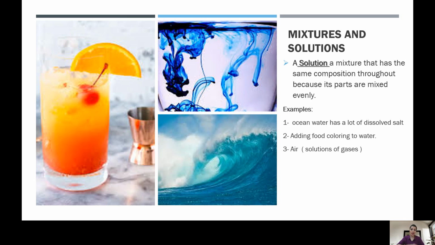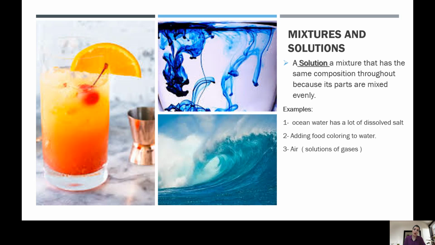For example, when you mix two spoons of sugar into your tea, the sugar will dissolve in the tea, so this will form a solution. A solution has the same composition everywhere. So if I taste my tea, it will all taste sweet, because there is sugar in the whole cup of tea if I mix it well. This is an example of a solution.